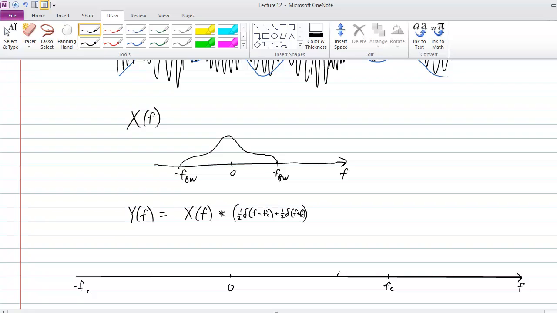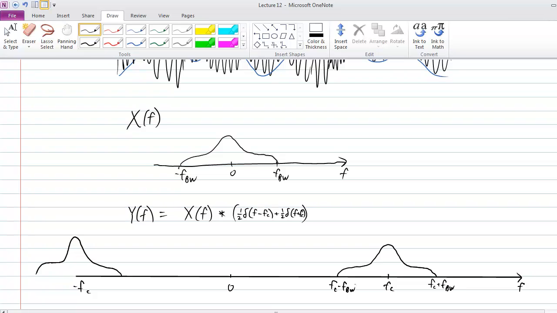So you're going to get something like this. And I'll label this one fc plus f bandwidth, and this one fc minus f bandwidth.